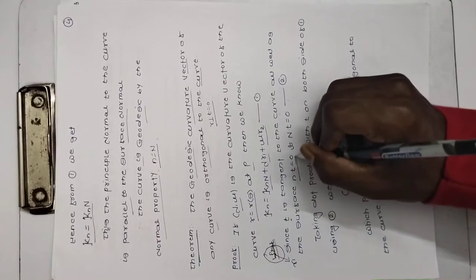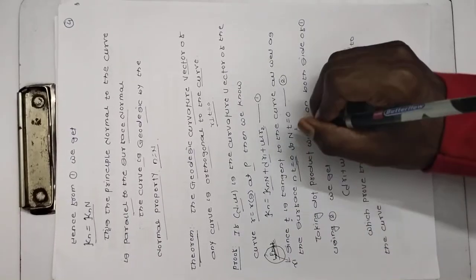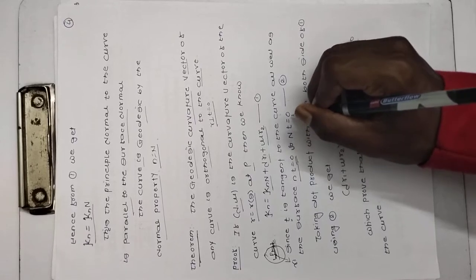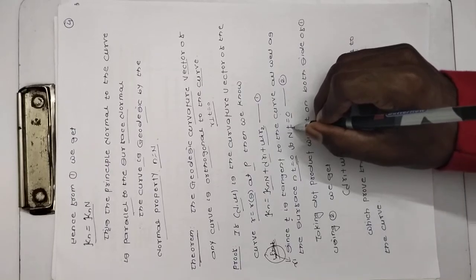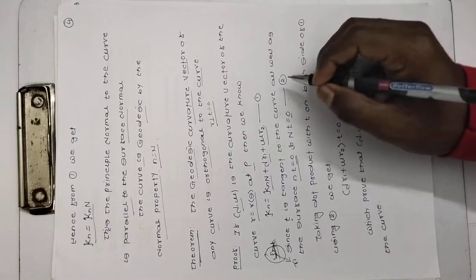So the dot product of t and r1 is 0, which means r1 and t are perpendicular to each other. And capital N dot product with t is equal to 0 means capital N and t are orthogonal to each other. So it must be 0, equation 2.